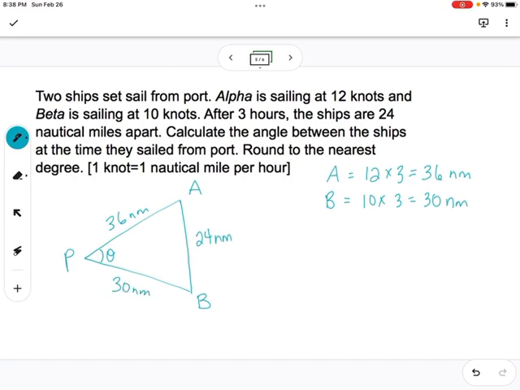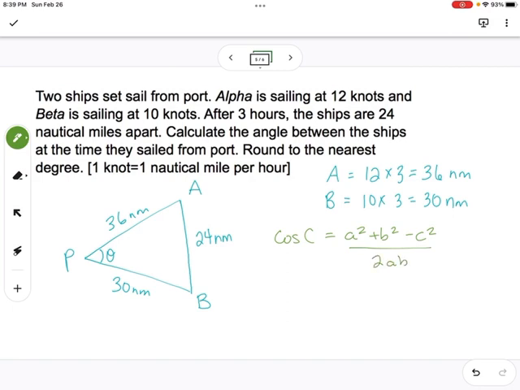Okay, and now we take a look at what we have. We have our triangle. We don't see a 90 degrees, so we're going to be using sine or cosine law. What we're given is 3 sides, and we need to find an angle. When we're given 3 sides, that means we can use cosine law, and we are going to use the rearranged equation of that, where we have cos C equals a squared plus b squared minus c squared over 2ab.